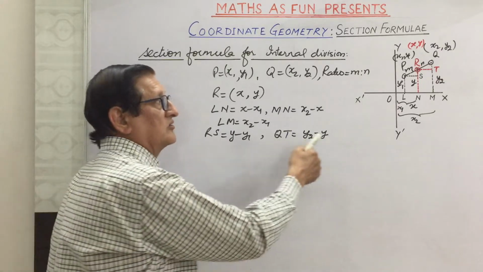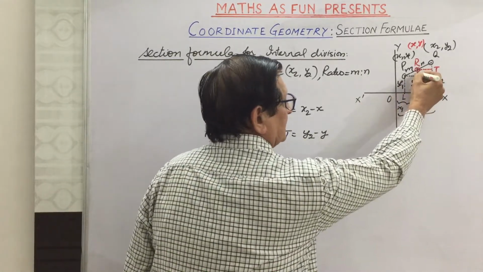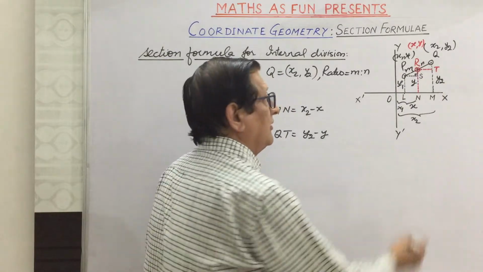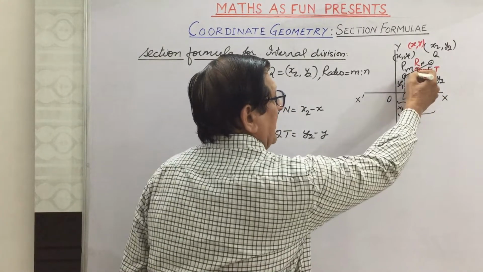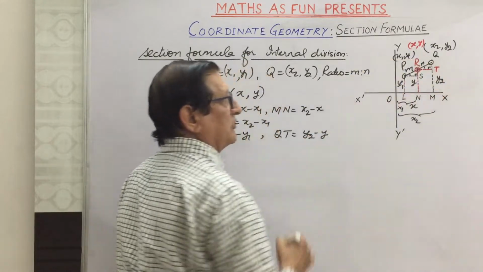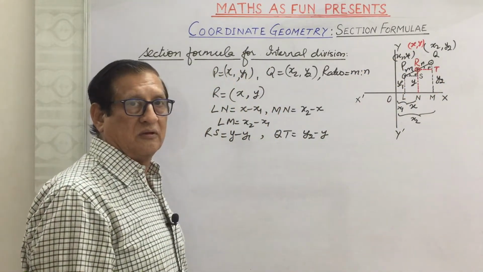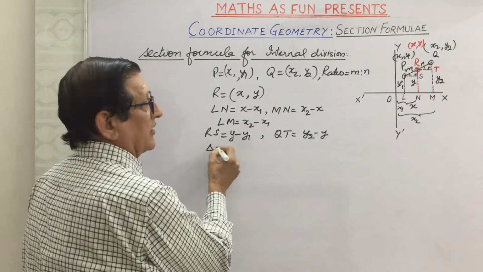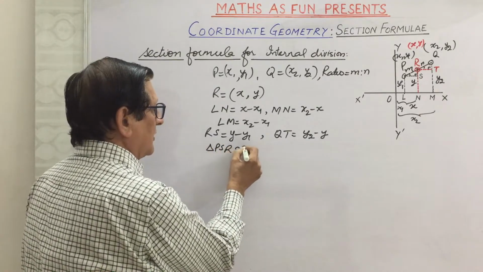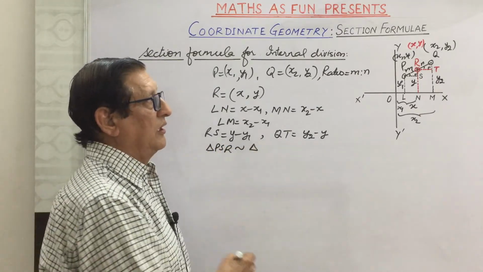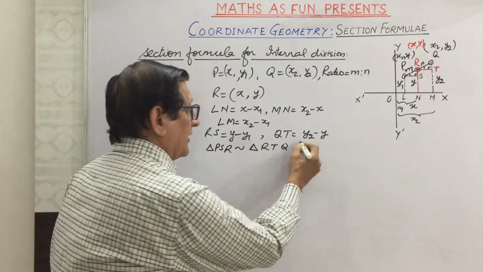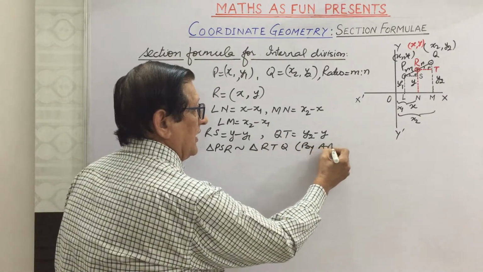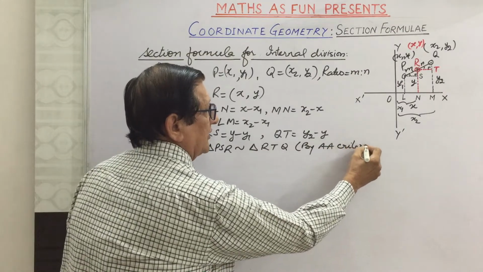Now we can see easily that this is a right triangle. This is also a right triangle. And these angles are equal, they are corresponding angles. So we can say that triangle PSR is similar to triangle RTQ by AA similarity criterion.